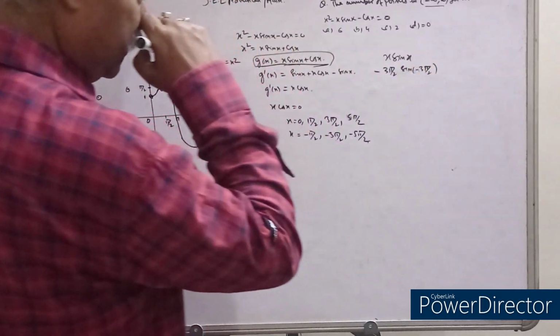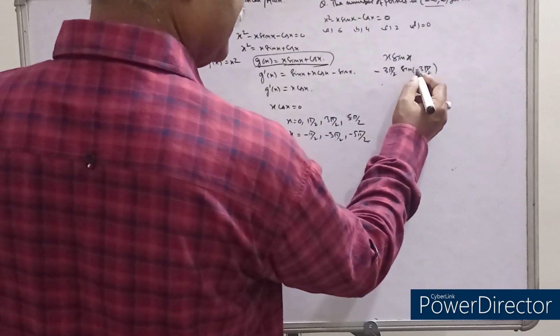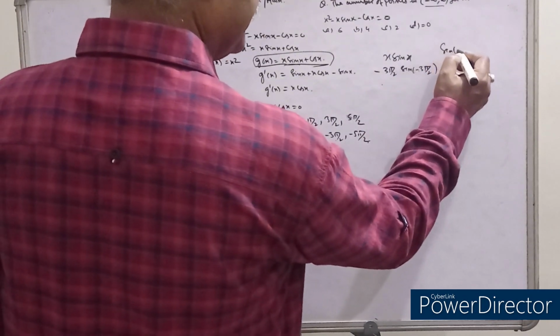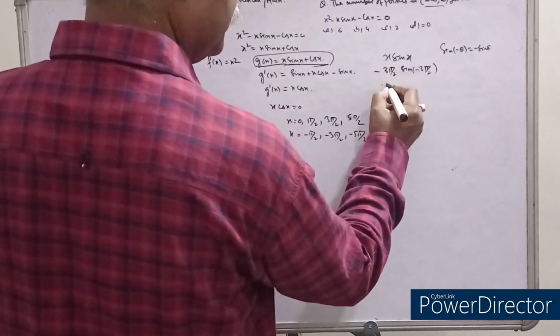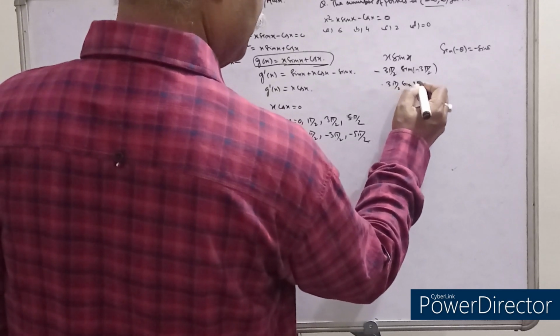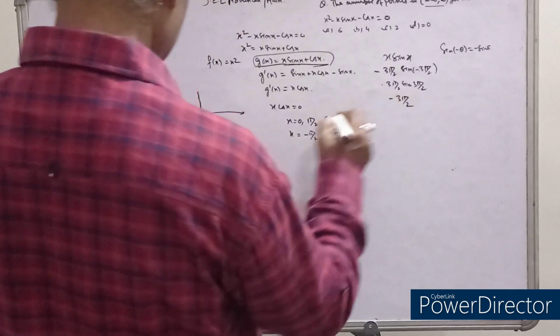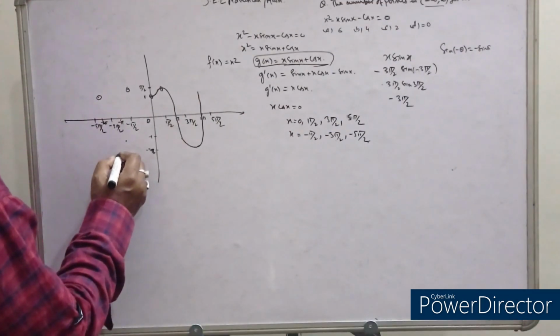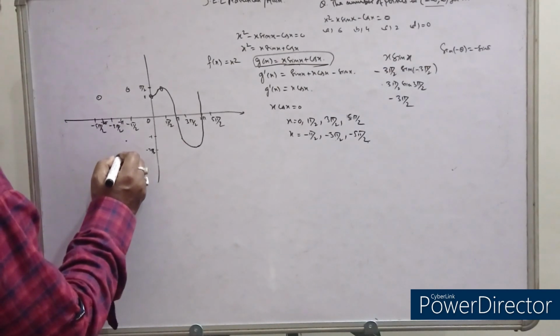So how much will this be? This will be again minus, because sine minus theta is equal to minus sine theta. So this will be positive 3 pi by 2 into sine 3 pi by 2, but sine 3 pi by 2 is minus 1, so the result is again minus 2. So it will be somewhere like this, 3 pi by 2 somewhere like this.